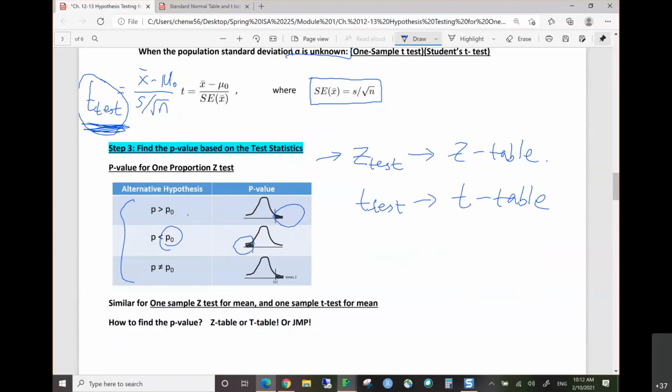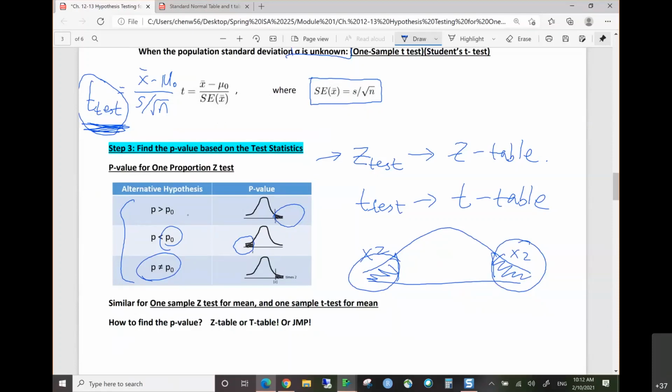And then the last case, the two-tail hypothesis. You need to be careful, because now we care about the two tails together, right? So you can either find this tail times 2, or you can use this tail times 2, because it is symmetric, right?